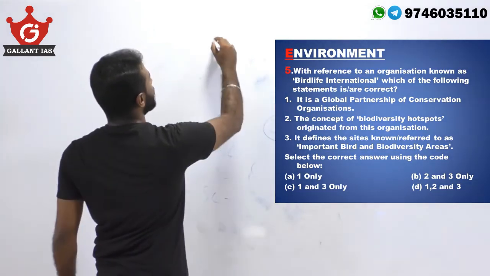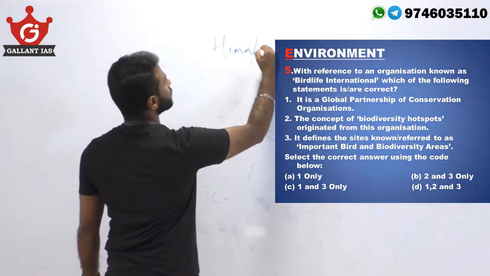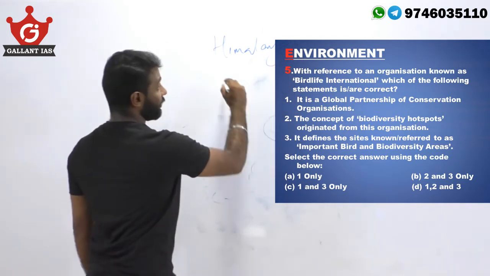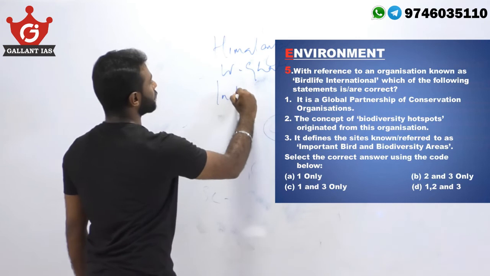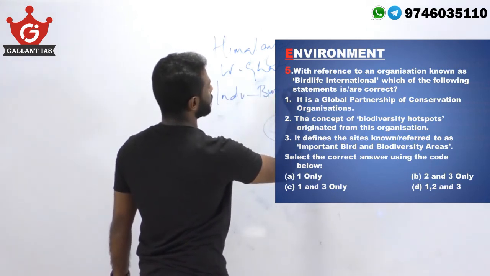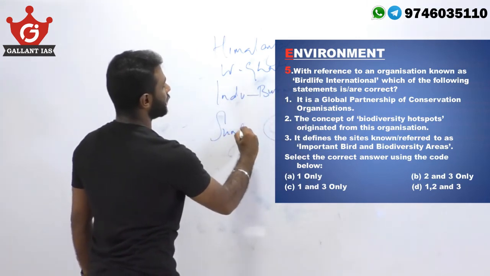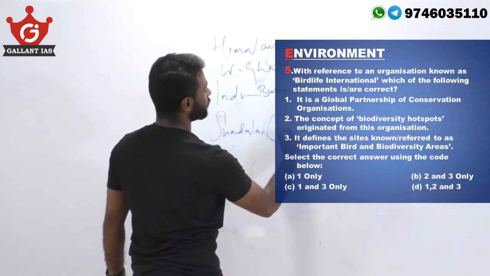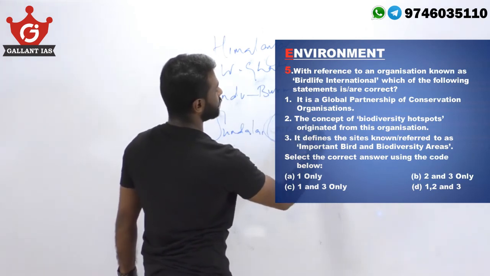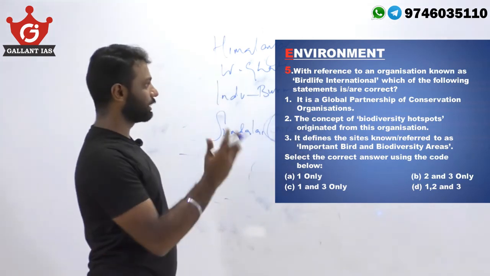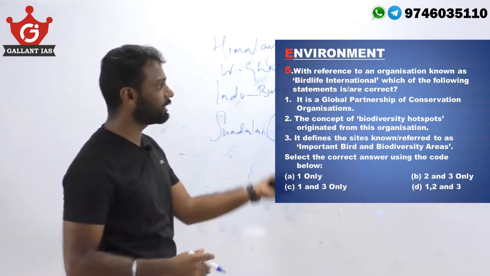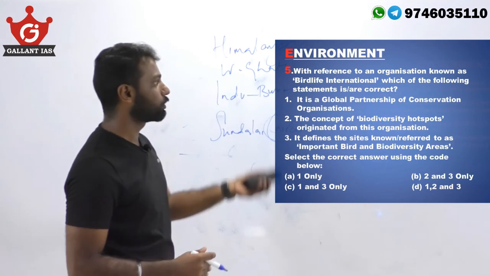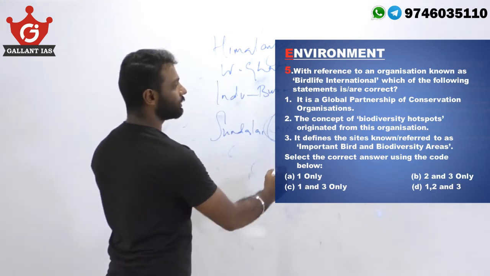That is the Himalayas, Western Ghats, Indo-Burma region, and Sundalands, which consists of some parts of Nicobar Islands. So these are the 4 biodiversity hotspots present in India, and it did not originate from BirdLife International, but was coined by Norman Myers. So in this question, only statements 1 and 3 are right.